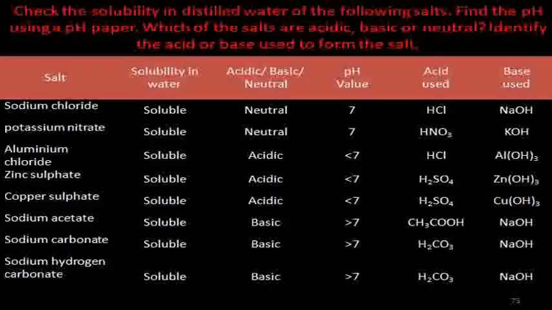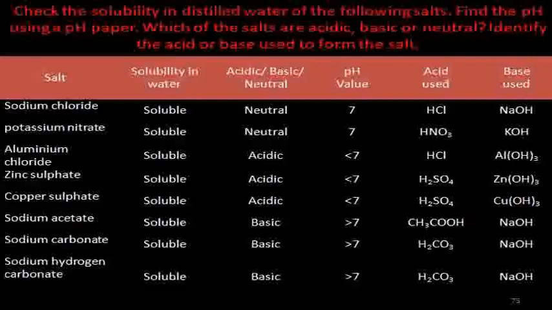This is called the acid radical. And on the left hand side we have the base: sodium, potassium, aluminium, zinc, copper, sodium. All these are the base radicals. So the acid radicals are responsible for solubility in water. Since the acid radicals are these radicals, they are soluble in water. You can see solubility in water, all are soluble.